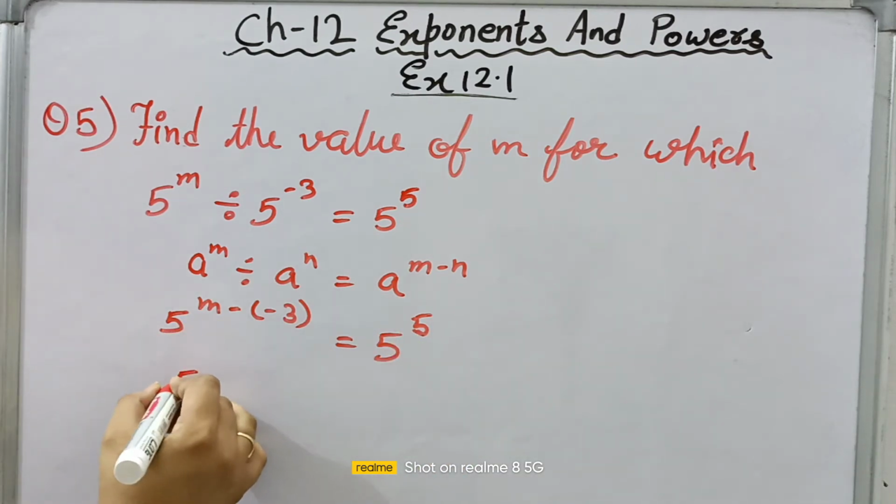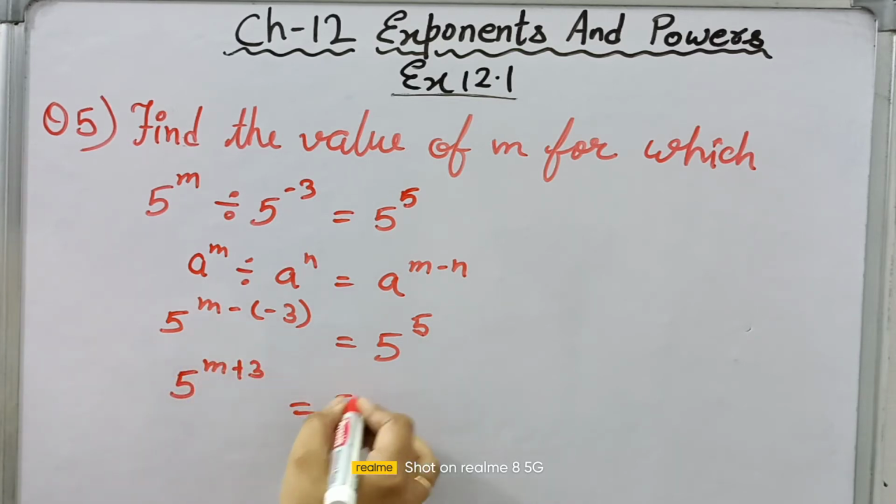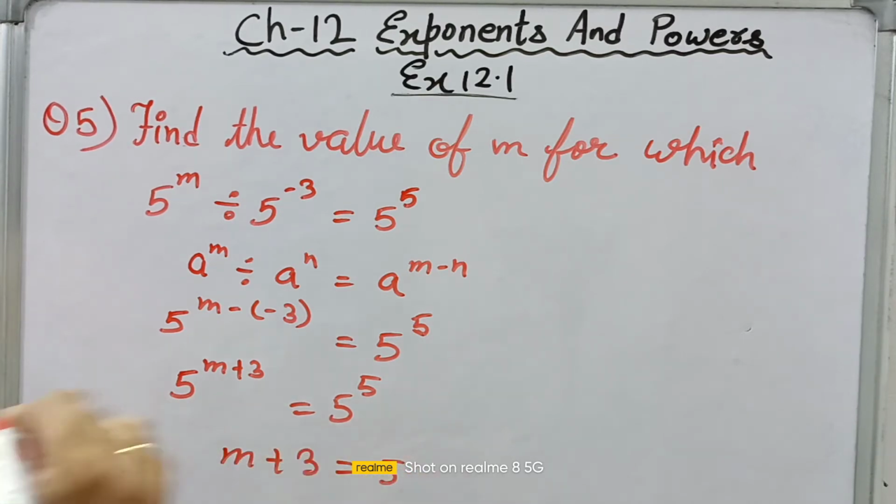Right, so this becomes 5 raised to the power m plus 3 equal to 5 raised to the power 5. Now bases on LHS and RHS are same, so we can simply equalize our exponent values. m plus 3 equal to 5.